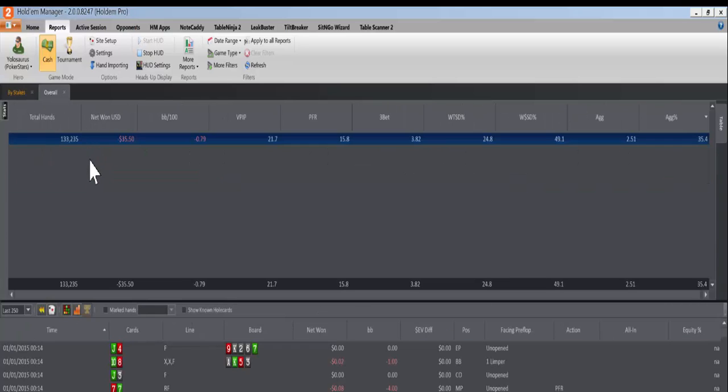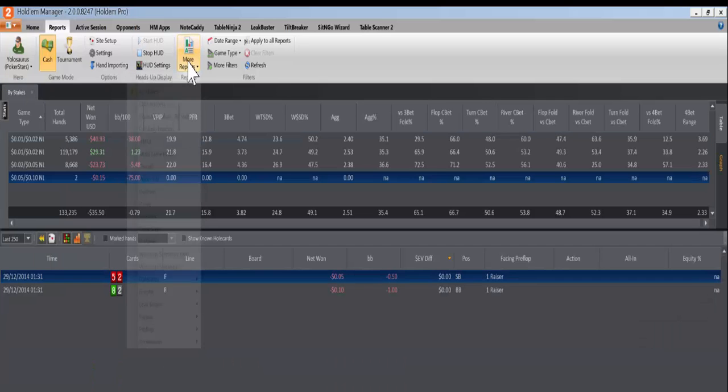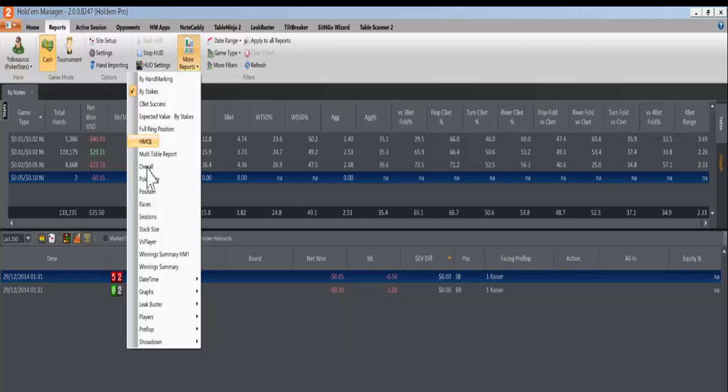Okay, so right now we have your basic stats here. So how do we make this come out? Generally, you want to be clicking on more reports. So more reports, and then you can either select your hands by stakes if you are playing differently at different limits. But in this case, I think we want to be looking at your overall stats, so just click on overall.